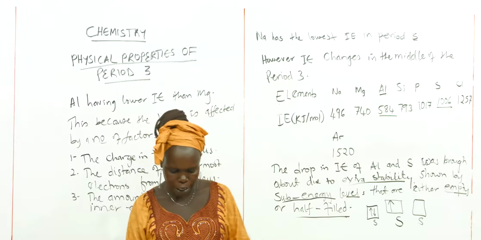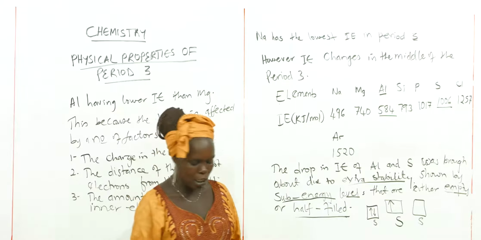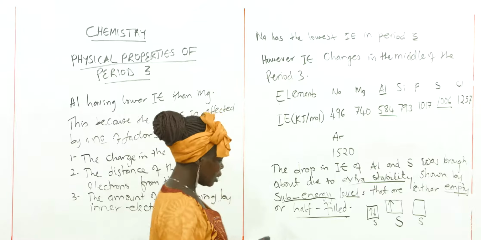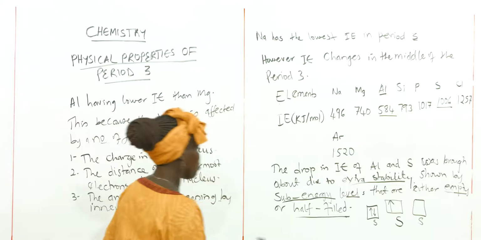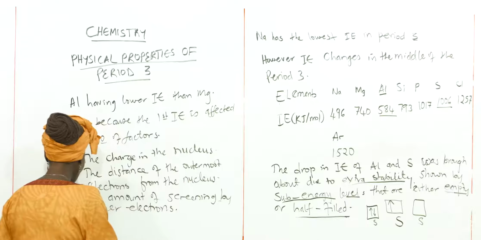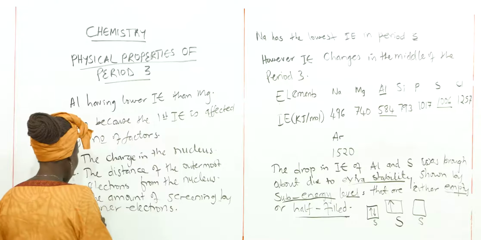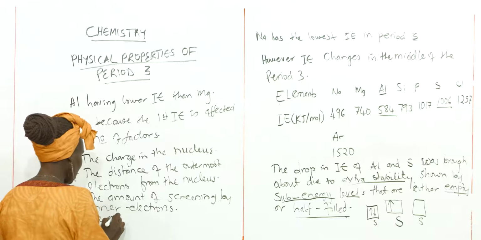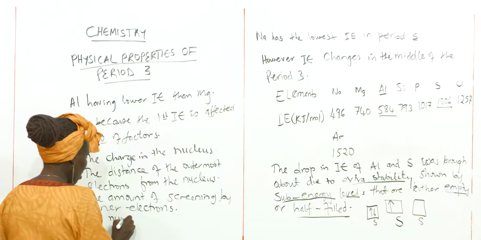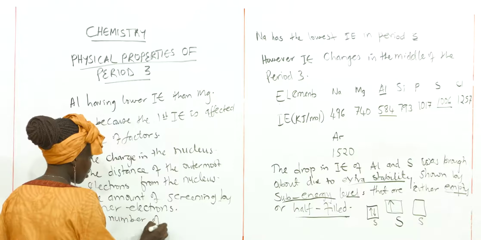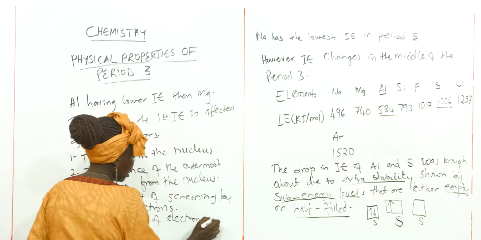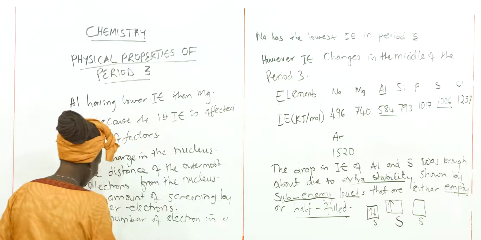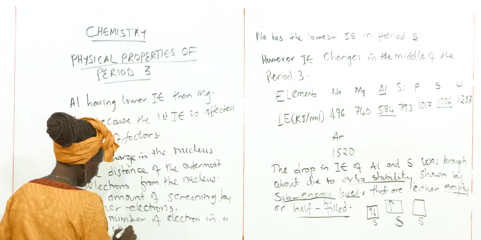The last factor is whether the electron is alone in a sub energy level or in a pair. So also we need to remember, number 4, the number of electrons in a subshell.